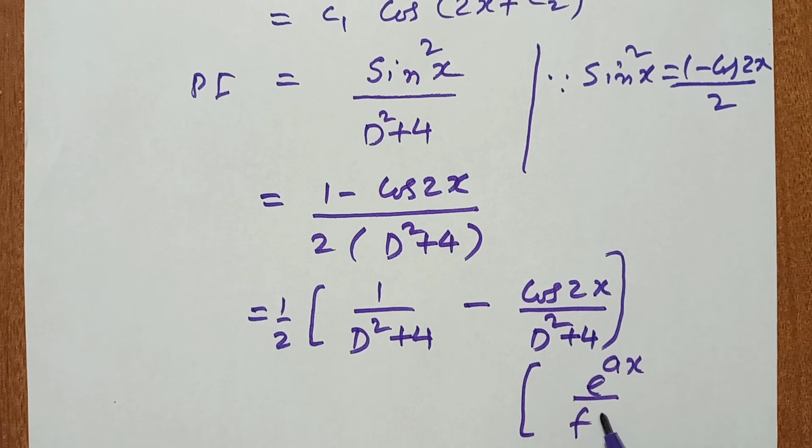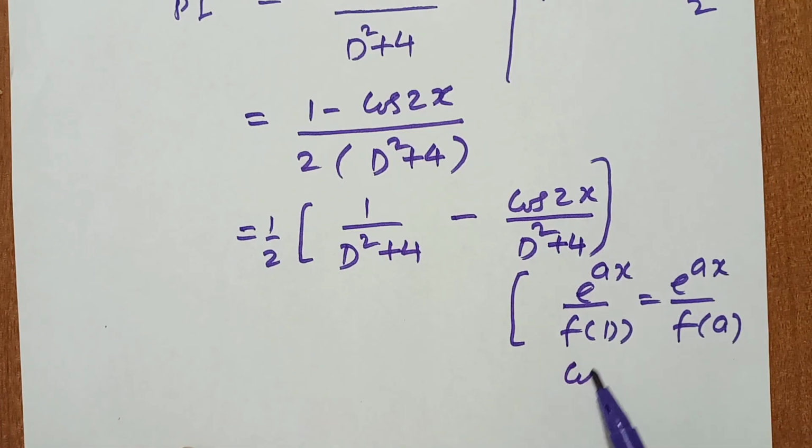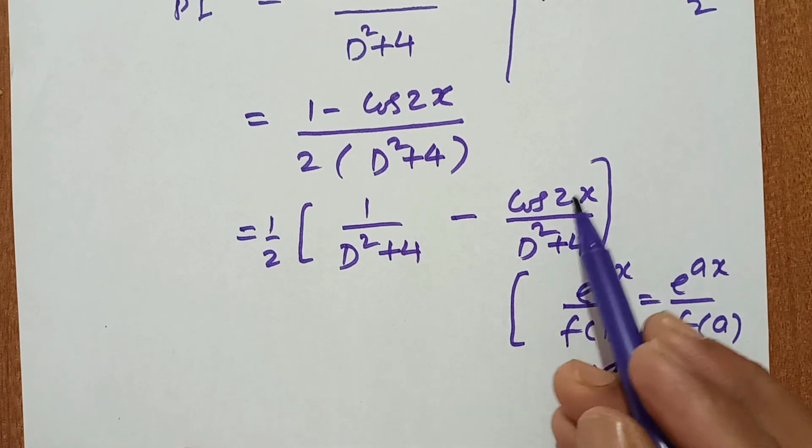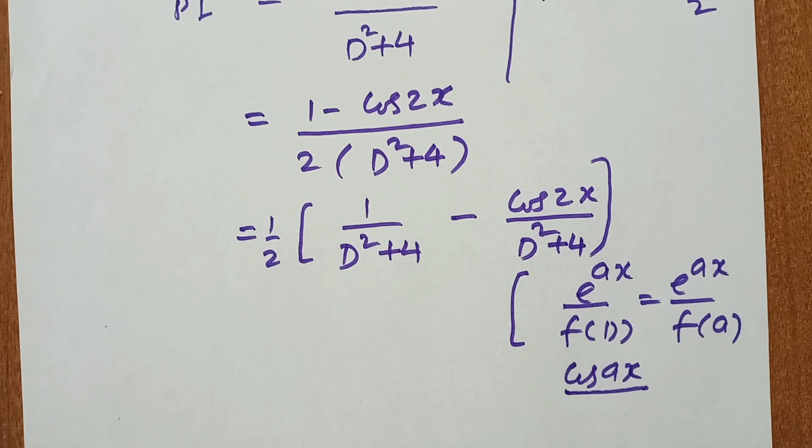Okay, so since the first term is 1, you know PI of e to the power ax upon f(d) is equal to e to the power ax upon f(a). Okay, and similarly cos ax upon f(d square), so here you put minus a square, but this is 0, so we shall use the formula cos ax upon d square plus a square is equal to x upon 2a sine ax.